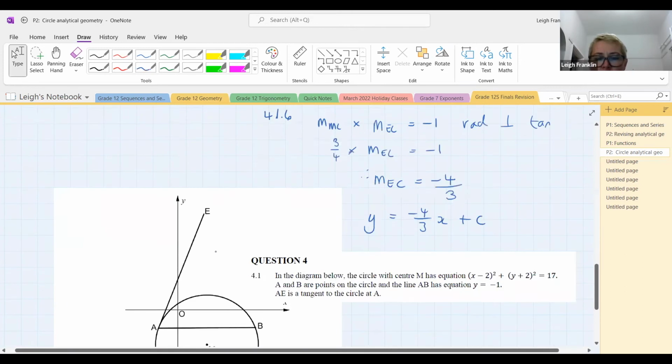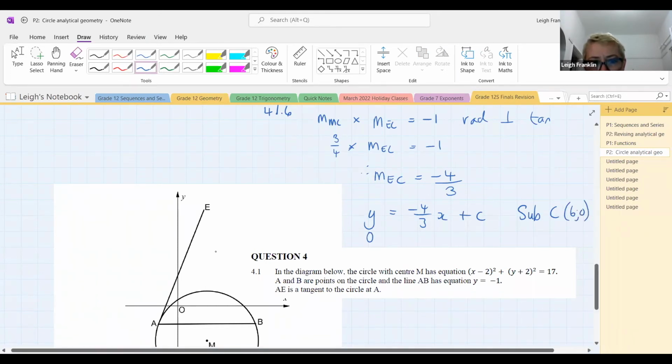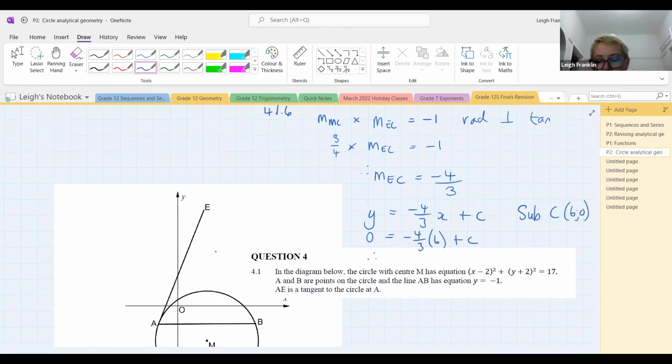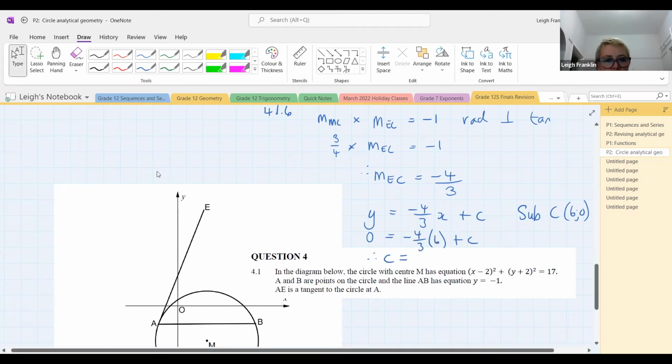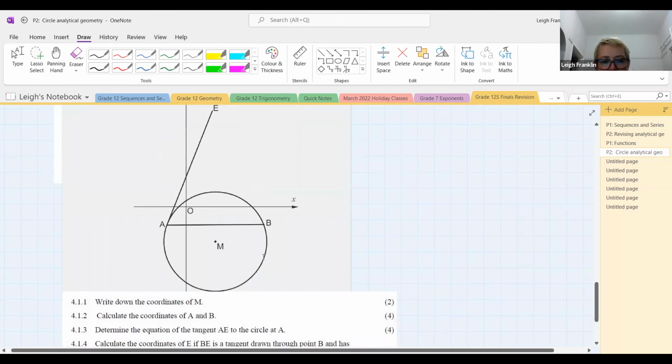So that means that we can sub in C, which has the coordinates 6 and 0. So 0 equals -4/3 times 6 plus c. So c has to be equal to what?